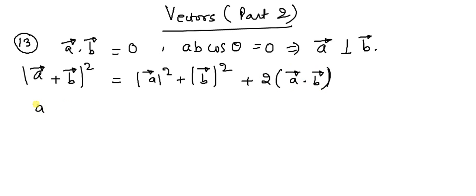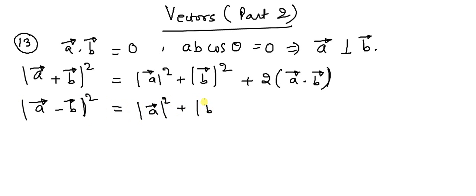Next, can you guess it yourself? What should be the modulus square of a minus b vector? That will come out to be a vector mod square plus b vector mod square minus 2 a vector dot b vector. I hope it's clear to you.